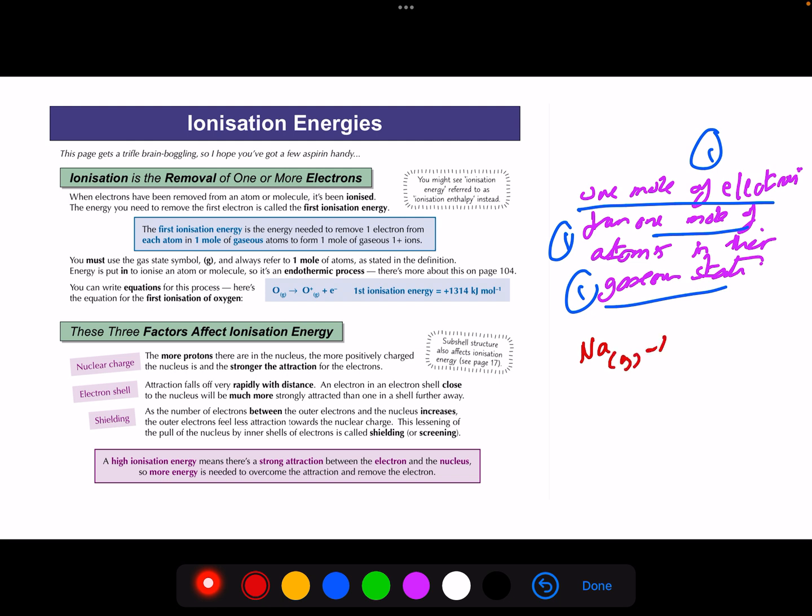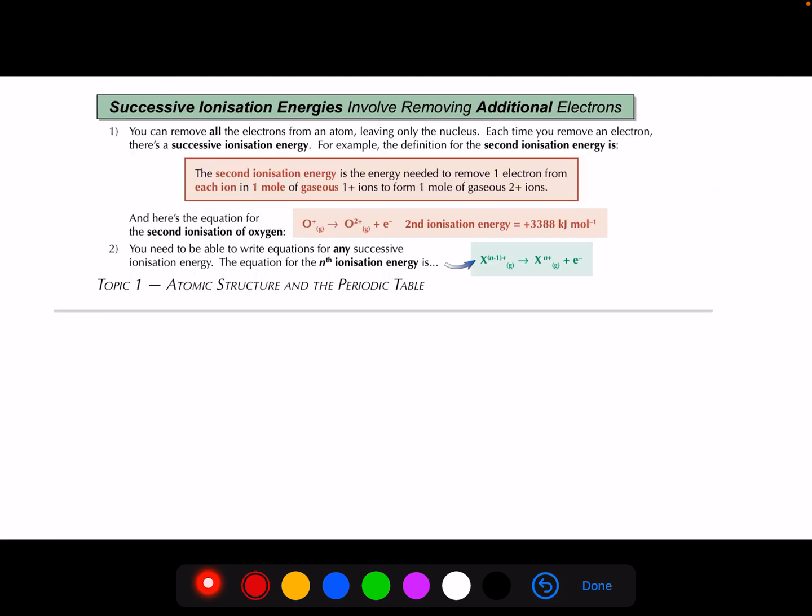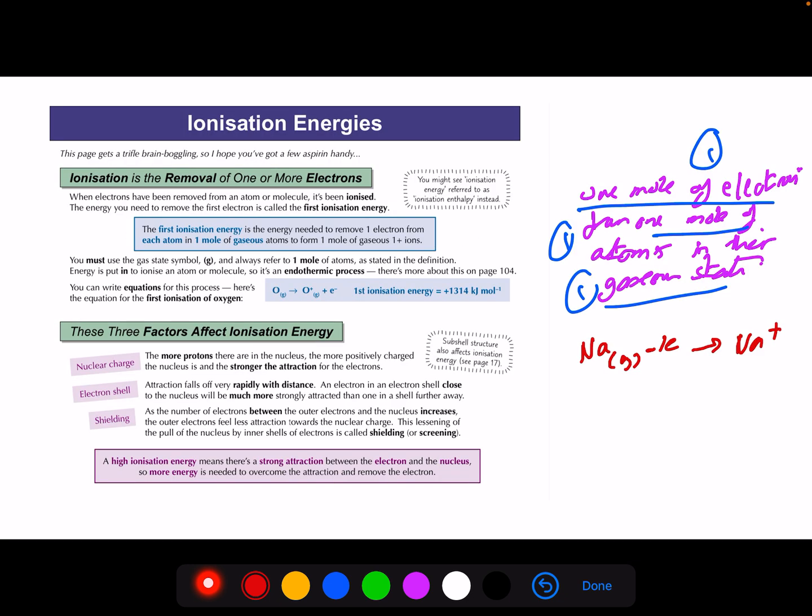So you're removing 1 electron or 1 mole of electrons from 1 mole of sodium in its gaseous state. And definitely, guys, the product you will get is sodium plus 1, also in the gaseous state. So make sure you write this down properly.